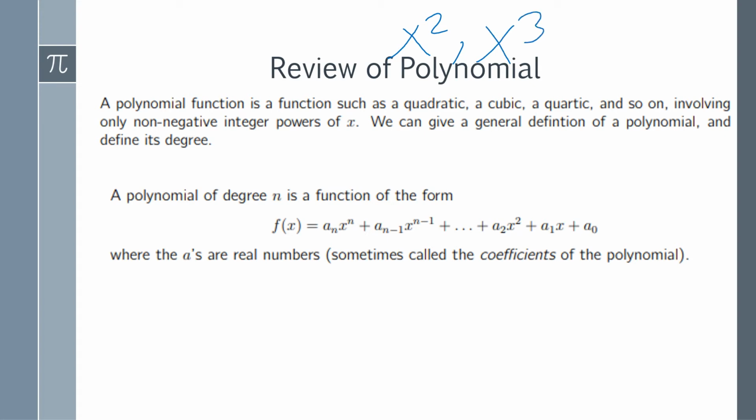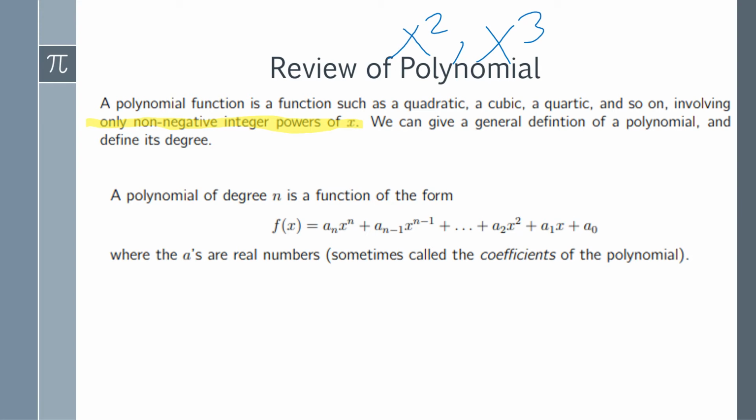Power 3, quartic, power 4, and so on, involving only, and this is the part that we've got to emphasize, non-negative integer powers of x. So if they're saying exponents, remember, exponents have to be non-negative. And you could get a general definition of a polynomial. You could define it by its degree.